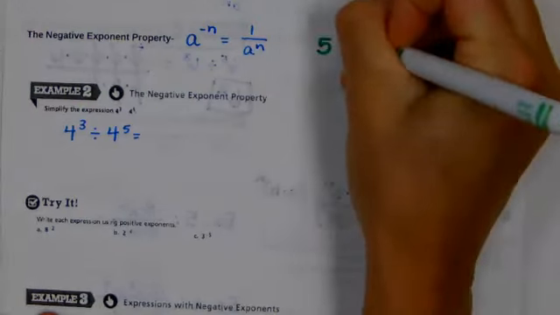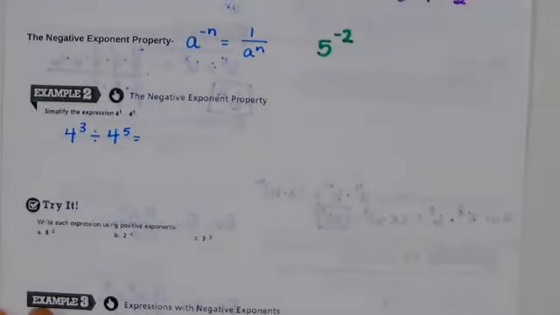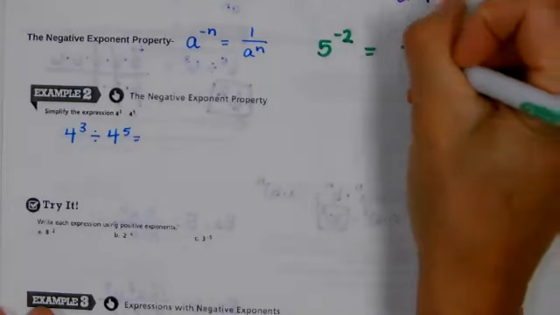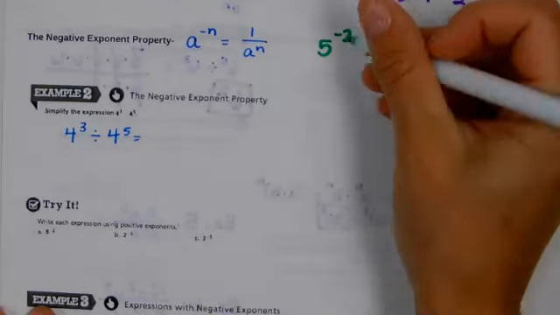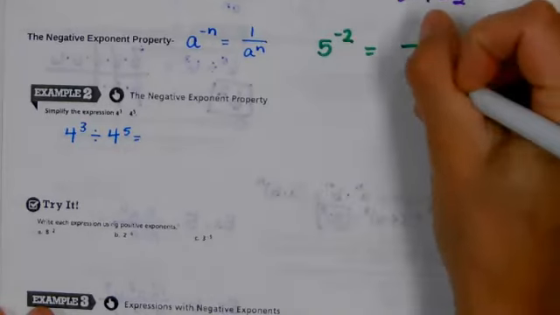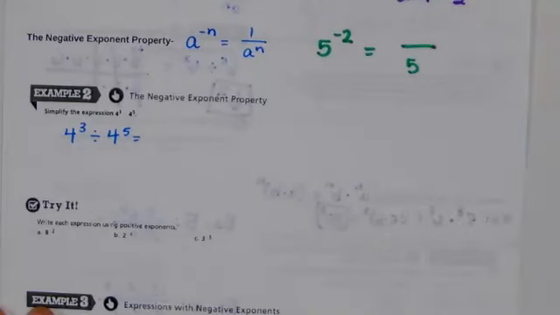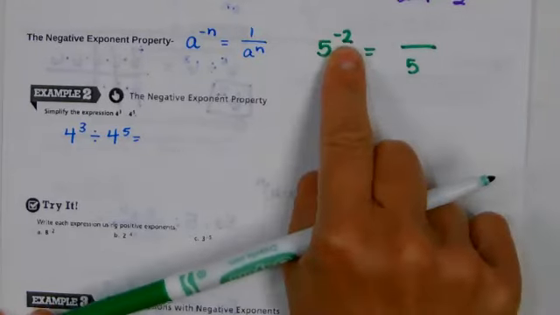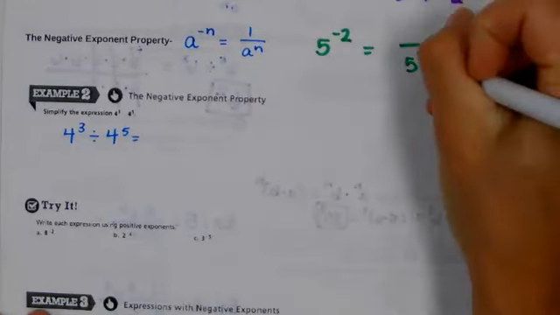Let me give you an example. If, for example, I had 5 to the negative 2 power, the way we would get rid of that negative exponent is by making a fraction, and we're going to put that base of 5 in the denominator of the fraction, and get rid of that negative 2 and replace it with a positive 2.